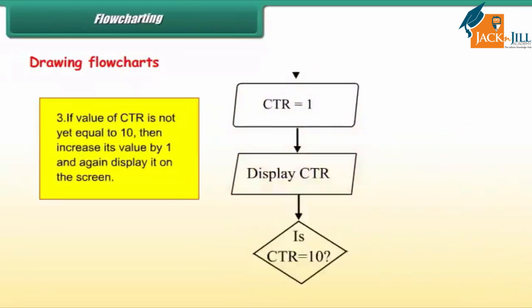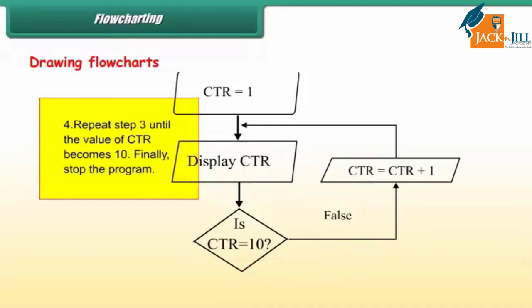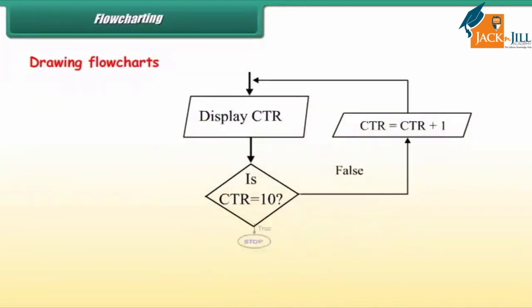If value of CTR is not yet equal to 10, then increase its value by 1 and again display it on the screen. Repeat step 3 until the value of CTR becomes 10. Finally, stop the program. Stop running the program.